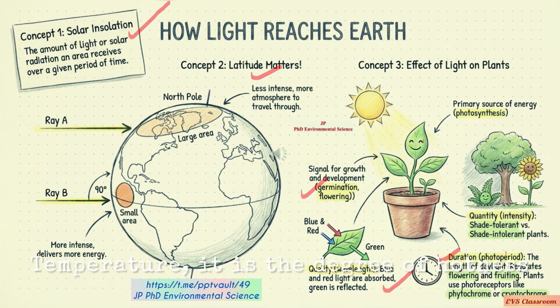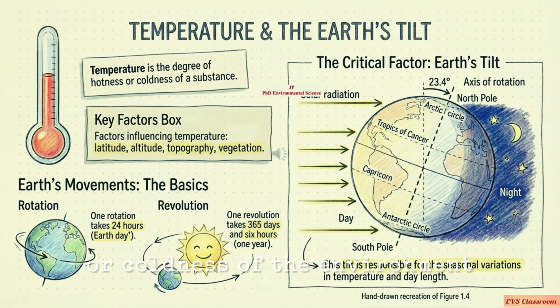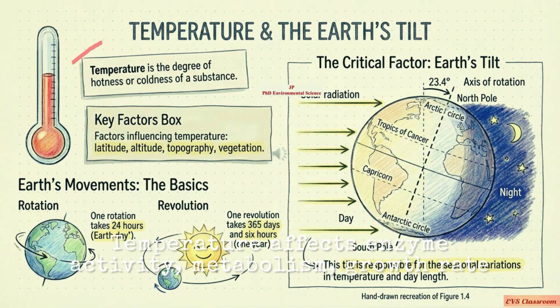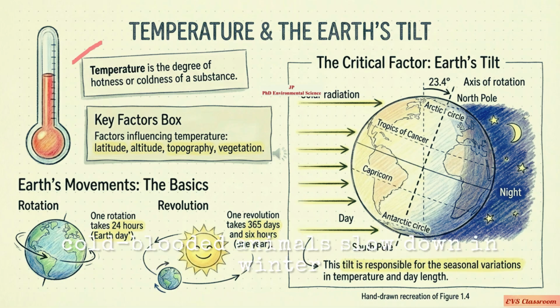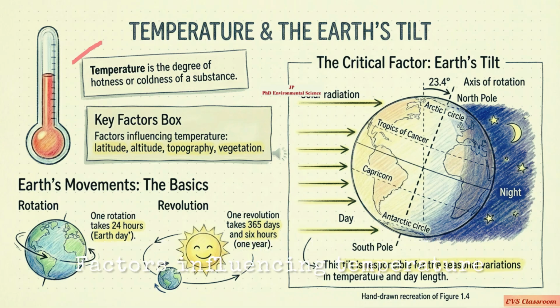Temperature is the degree of hotness or coldness of the environment. It affects physiological processes. Temperature affects enzyme activity, metabolism, and growth rate. For example, cold-blooded animals slow down in winter. Factors influencing temperature: latitude. At higher latitude, temperature is lower.